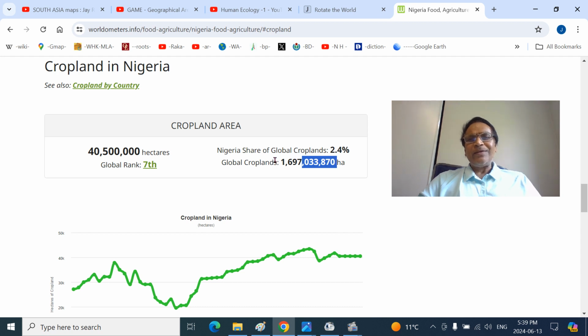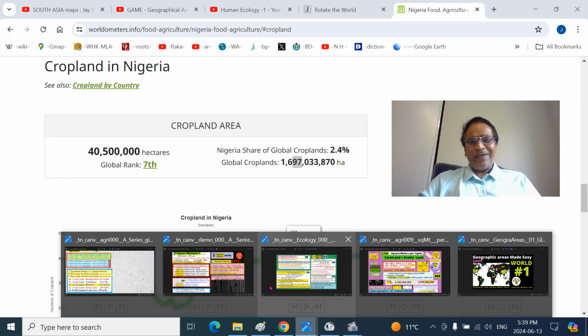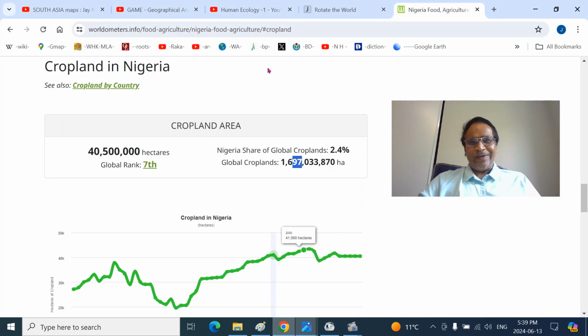Instead of 1697, I made it 1700. That's all. That means 1700 million hectares. If you want to convert it, you take away the 2 zeros, that becomes million square kilometers. So all these figures in this series I have explained to you very easily.